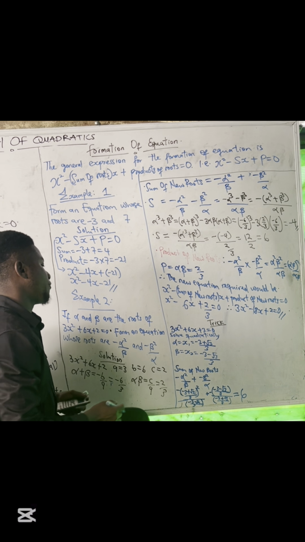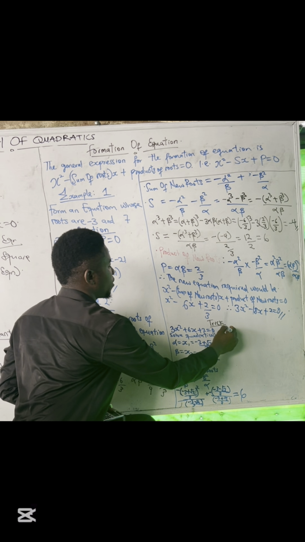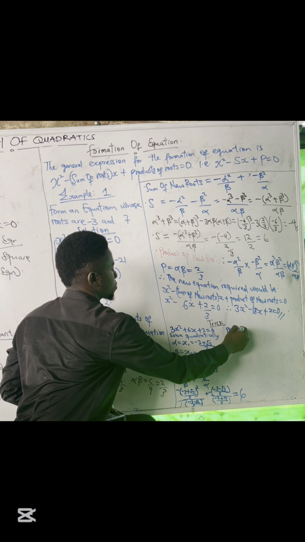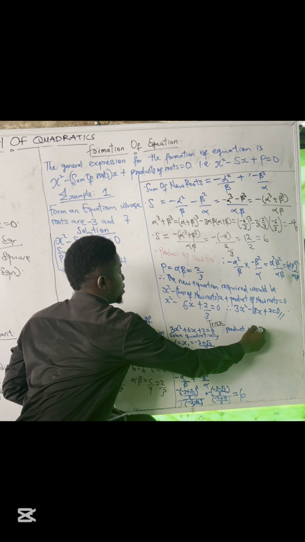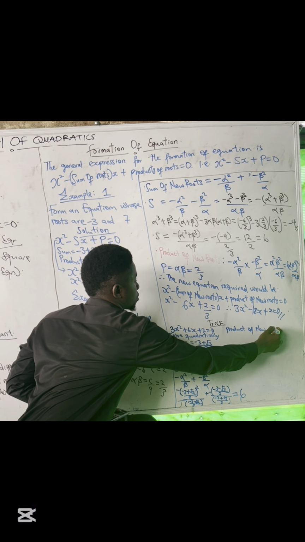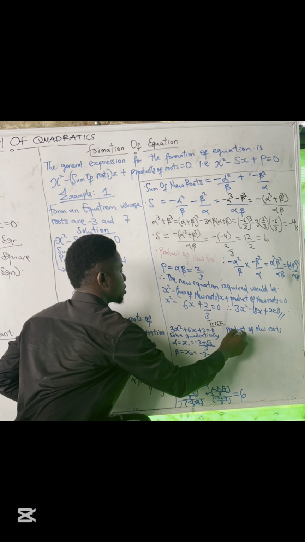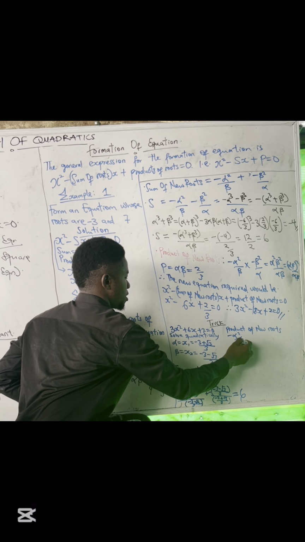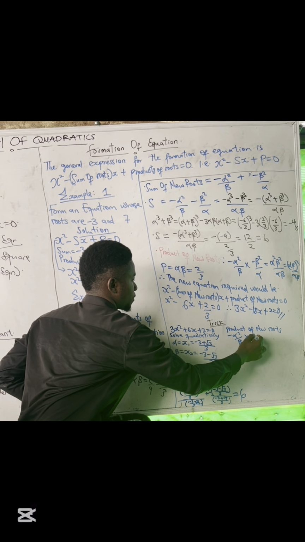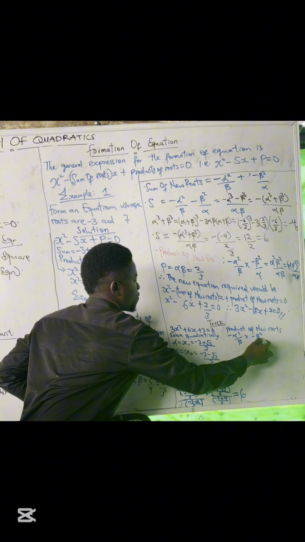So therefore, we are looking for the sum of the new roots. We also look for the product of new roots. So that would be minus alpha squared over beta times minus beta squared over alpha.